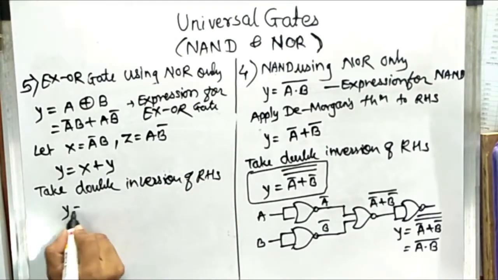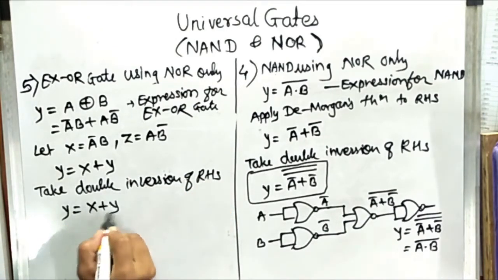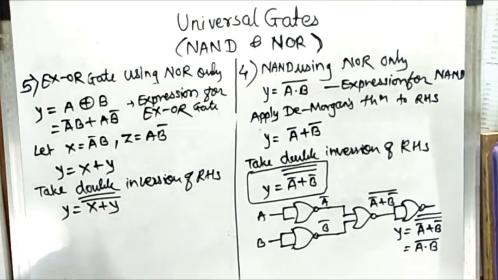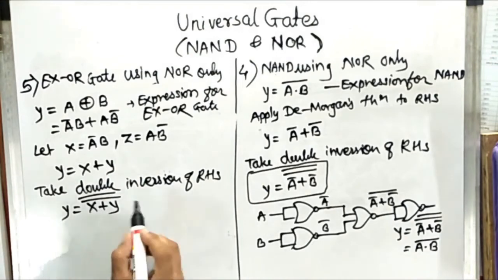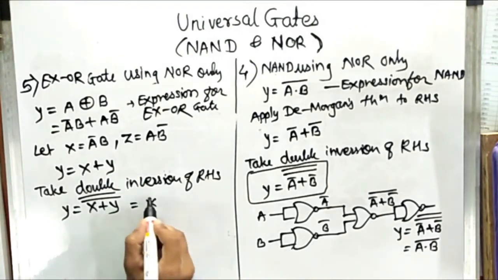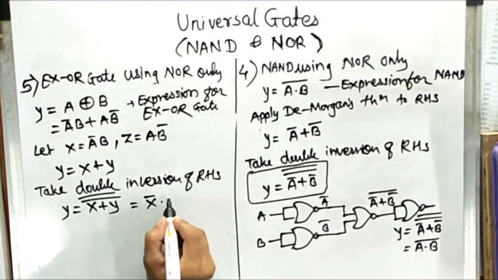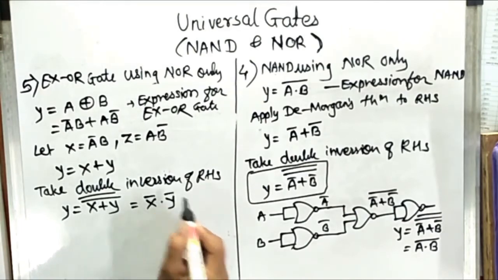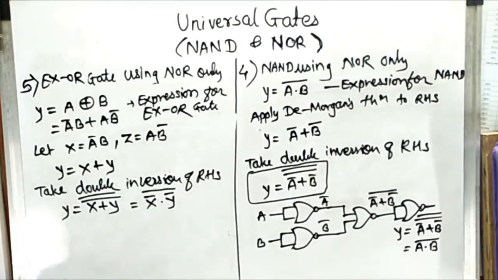We get Y equal to X plus Y double complement. So apply De Morgan's theorem to this inner complement. We get X complement into Y complement in this upper complement.